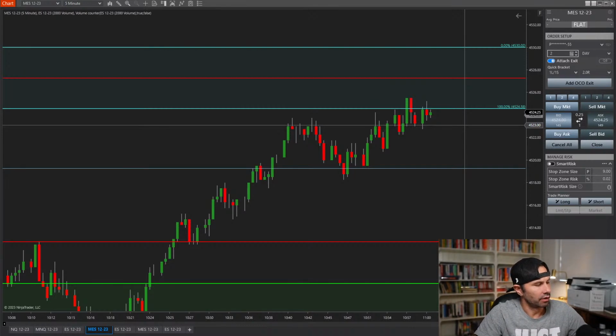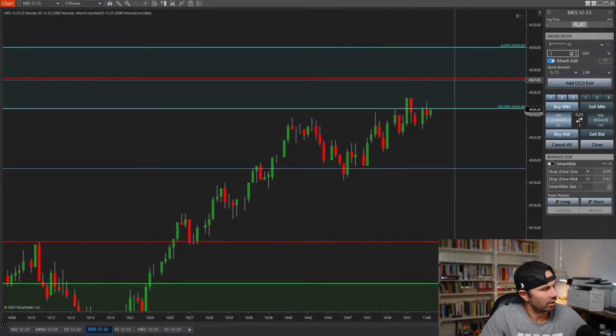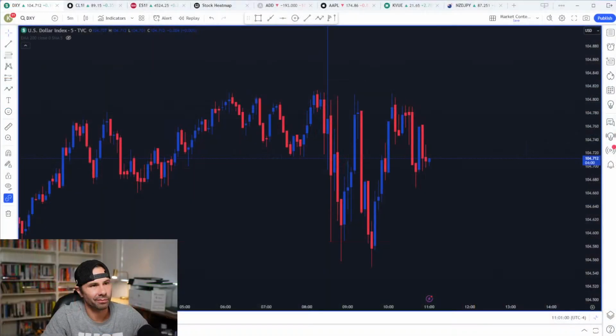Dollar is still in the same position. I don't like it at this level. Even if it comes down, I want to see it around 104.62 for me to take this.